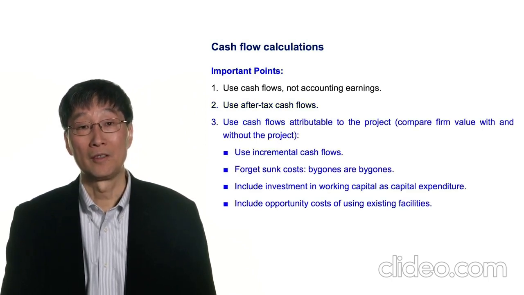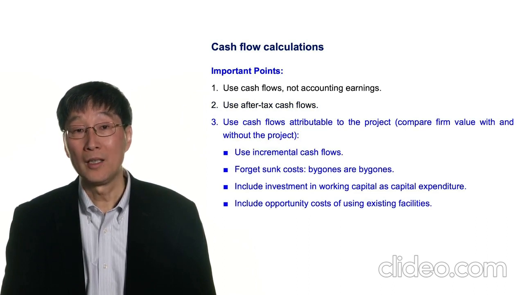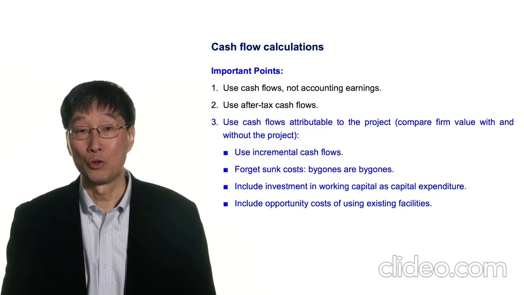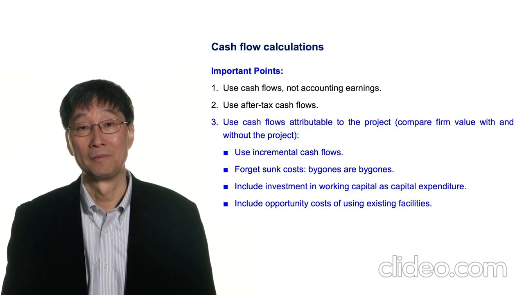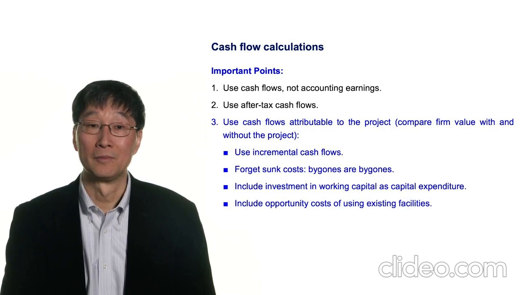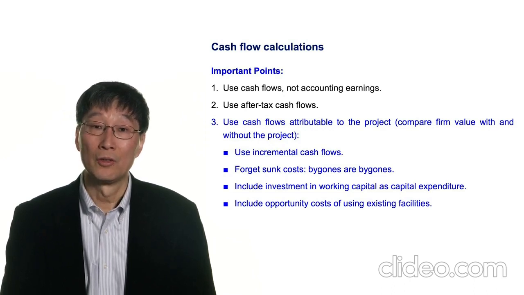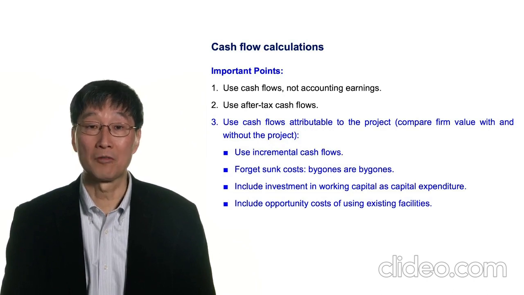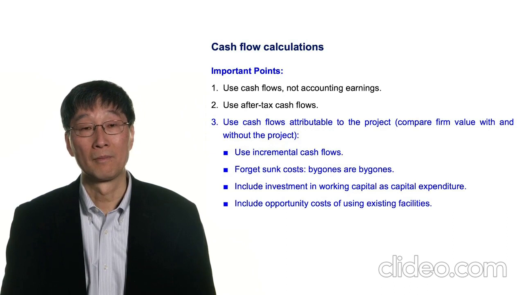Third, it is important that we only include cash flows attributable to the project. This will then give us the net gain from the project in firm value. This leads to various implications when computing a project's cash flows. Here, we list a few. 1. Use incremental cash flows.